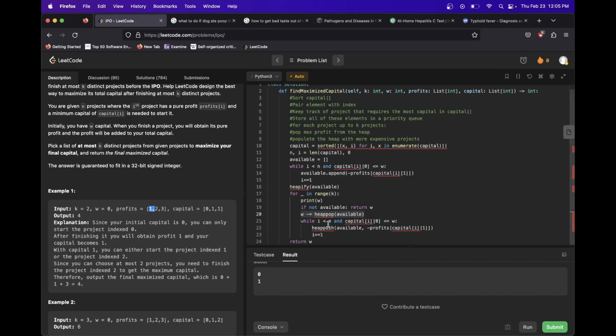And then the next loop, it's 1. We have things available to us, so we add 3. And then there's nothing more to add because i equals n. All of the projects possible are within our financial grasp. And then once we've added 3, we return that. So we return 4.